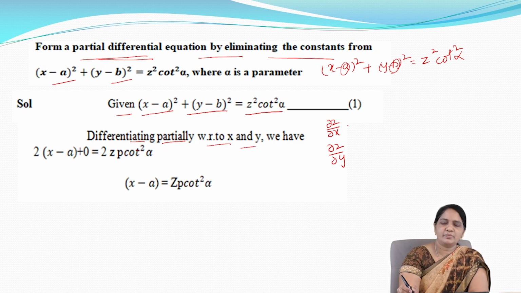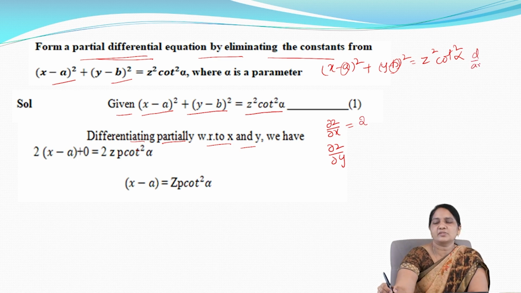So first, dou z by dou x: derivative of x minus a whole square is 2 into x minus a, and the derivative of x is 1 minus 0.